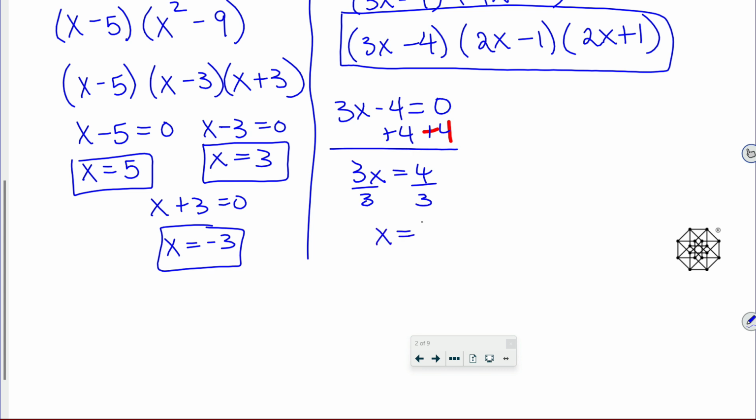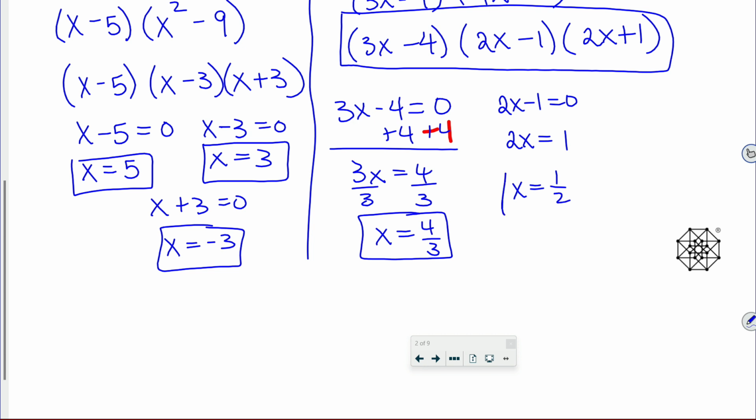And I have plenty of students over the years who are able to look at something like 3x minus 4 and immediately say, well, its 0 would be 4/3. Likewise, 2x minus 1 equal to 0. That would be 2x equals 1 and x equals 1/2, skipping a few algebraic steps there. And 2x plus 1 is equal to 0. 2x is equal to -1, and x is equal to -1/2.